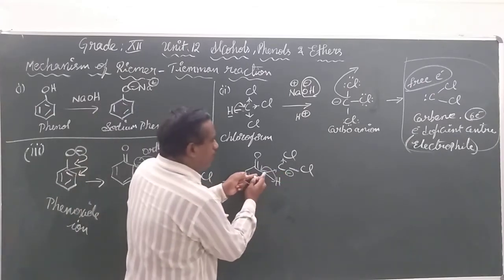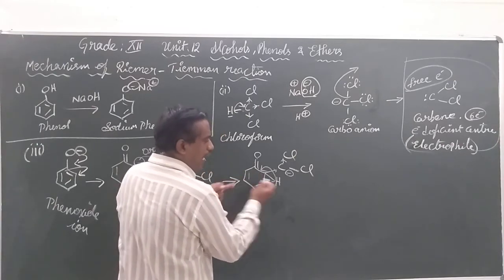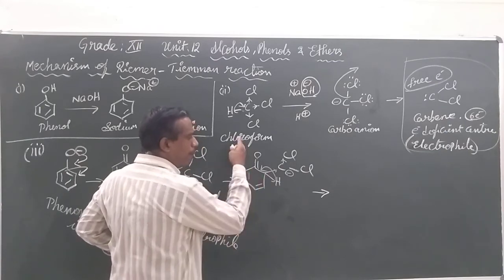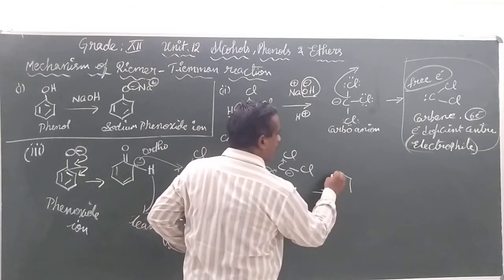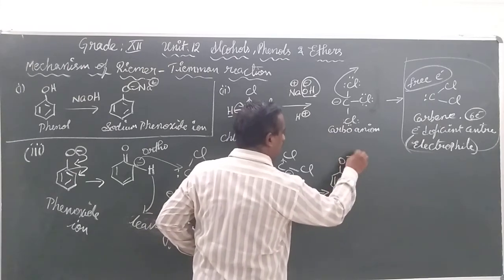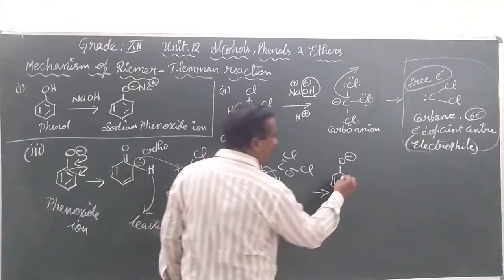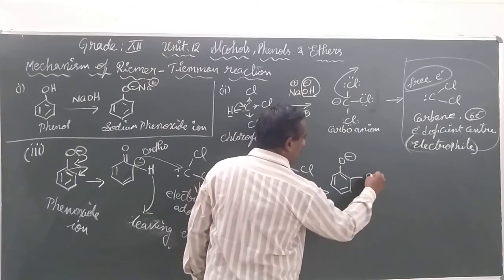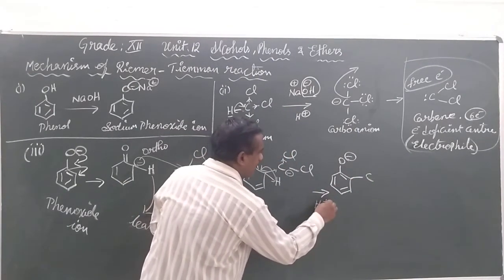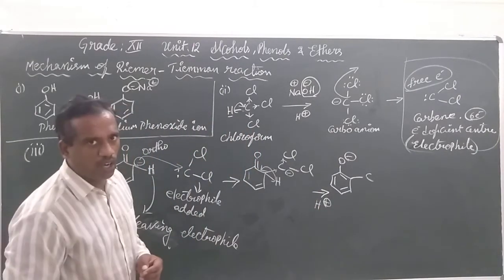That results in the migration of the pi bond back onto the oxygen. Now there is a double bond here, and the hydrogen is generally left in the form of an H plus ion.